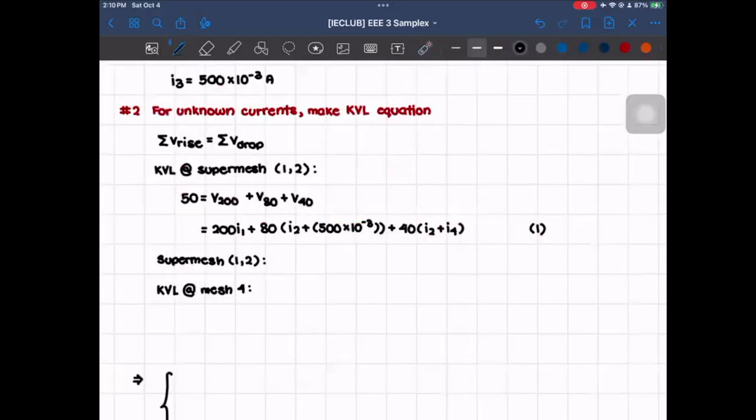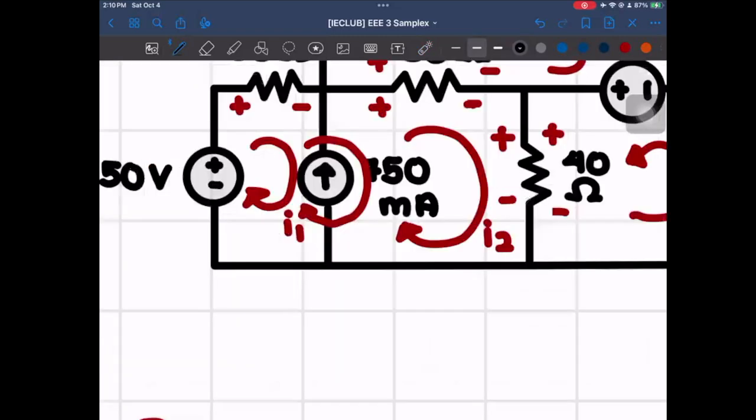And then with that, we could actually make another equation with our super mesh, and it will be using this variable, the 750 mA. So for this, in determining what are the signs of our I1 and I2 in this equation, we actually base it on what would be the direction of the current once it passes through this current source.